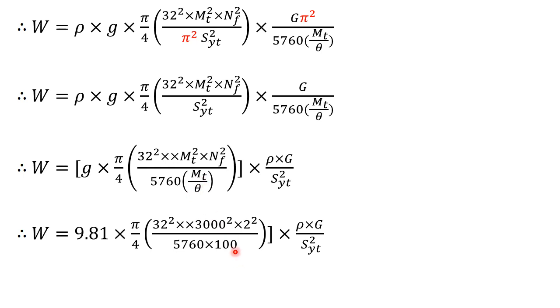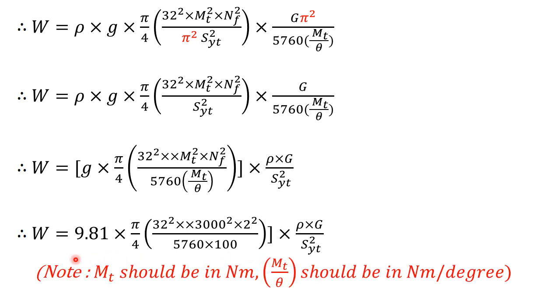Factor of safety, Mt by theta is given as 100 Newton meter per degree, and we have already taken care of theta in degree. Rho G divided by SYT square. So this will let us evaluate this constant first. Note Mt should be in Newton meter, Mt by theta should be in Newton meter per degree.